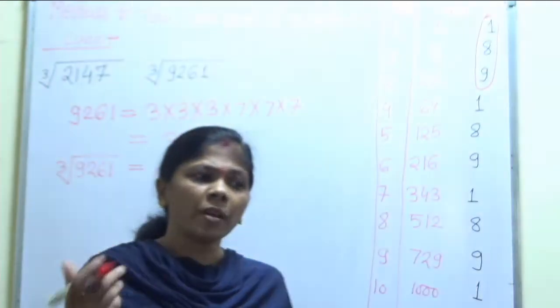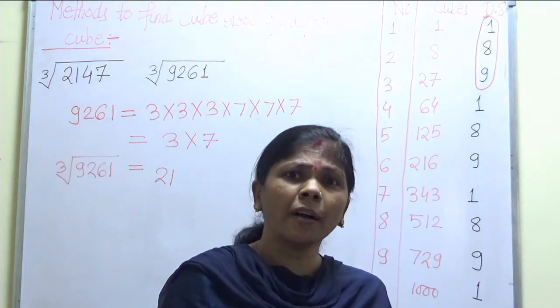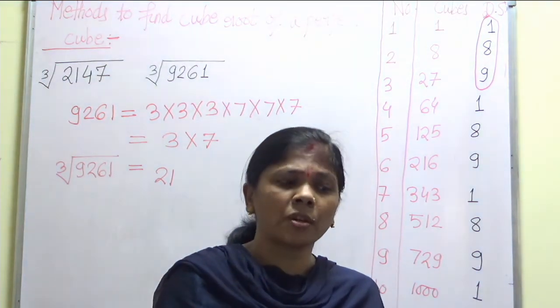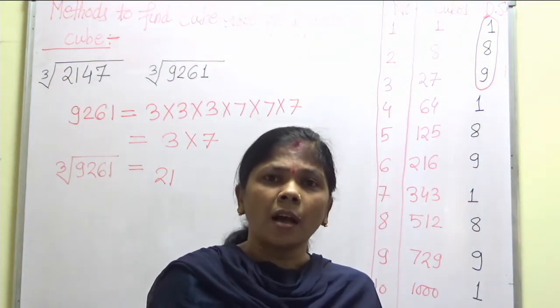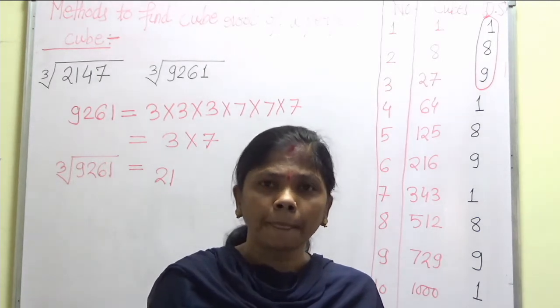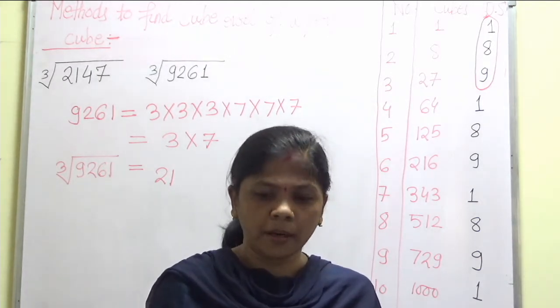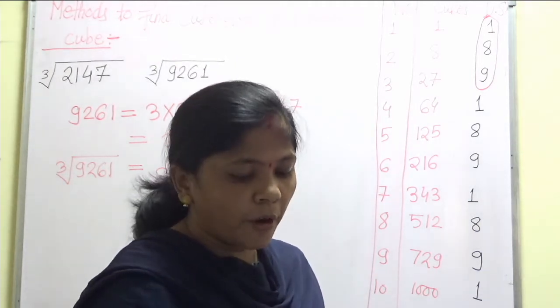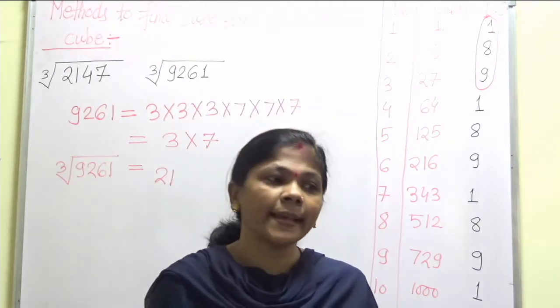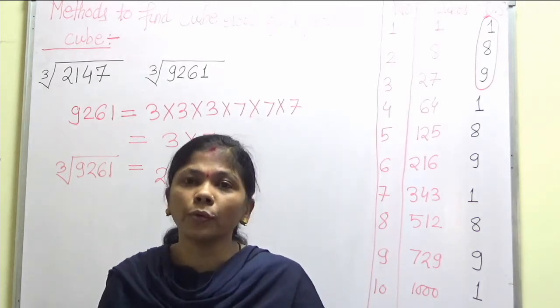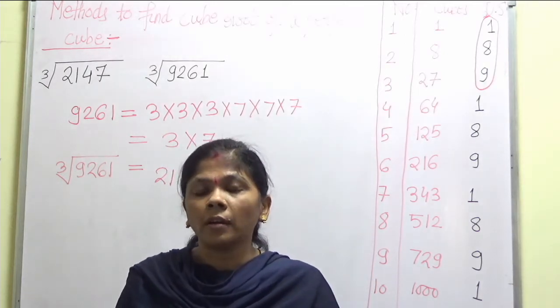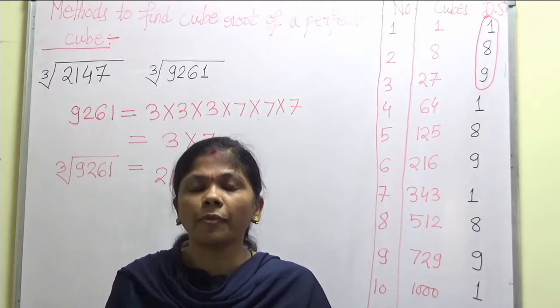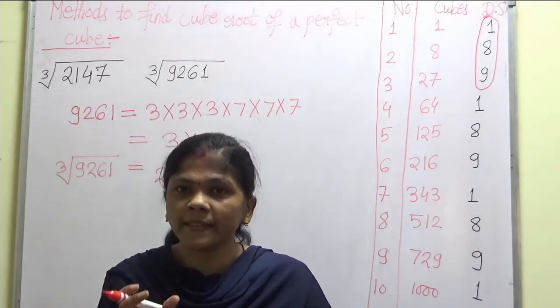Now, once this is over, the next process is how to find the cube root of a given number. The process is exactly similar to what we have done in the case of the square root of a given number, with certain changes.